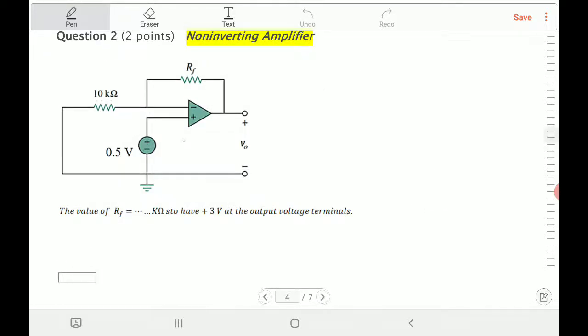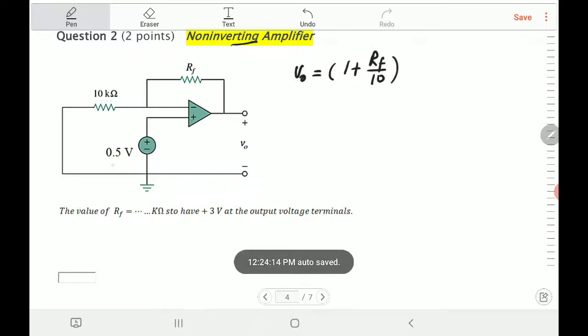In the second question, you observe that the 0.5 volt input is at the positive terminal of the op amp. So that's a non-inverting amplifier, and I should use the formula for the non-inverting amplifier. The output voltage V output is equal to 1 plus RF divided by R1, which here is 10, times the input voltage, which is 0.5 volts.